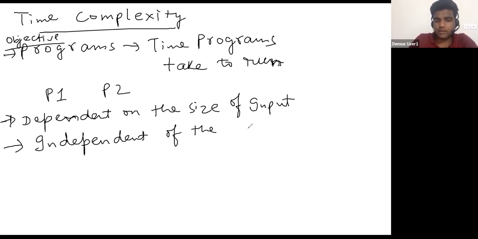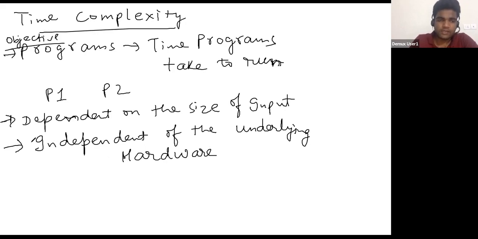The same program, depending on the hardware configuration, the CPU clock cycle, and the gigs of RAM available, might run at different speeds on different computers. We want to keep that variable constant when we do a time complexity analysis. These are some factors to be considered when analyzing the complexity of programs that we as programmers write.